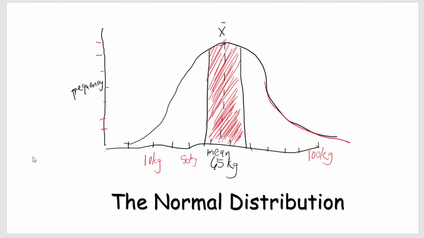That is how we understand a normal distribution. It's a frequency distribution, and the closer you are to the mean, the higher the probability that you would belong to that level.